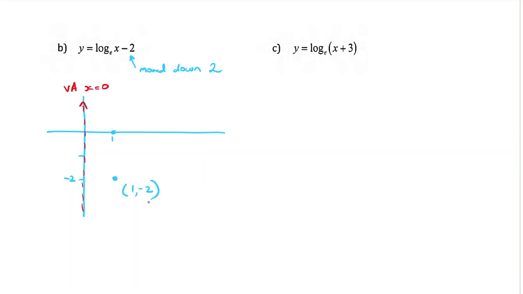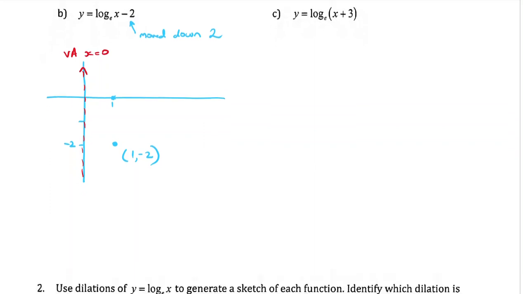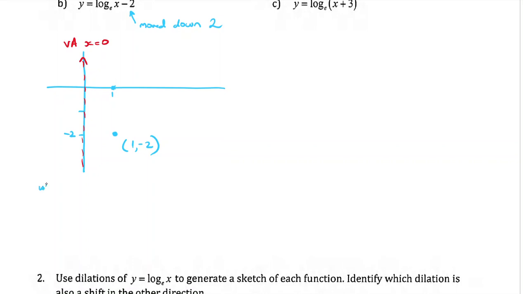Since my intercept moved down, I'm now going to have to find what the new intercept is over here somewhere. How am I going to find it? We're going to put in when y equals 0, correct? When y equals 0, I have 0 equals log base e of x minus 2. Move the minus 2 across.